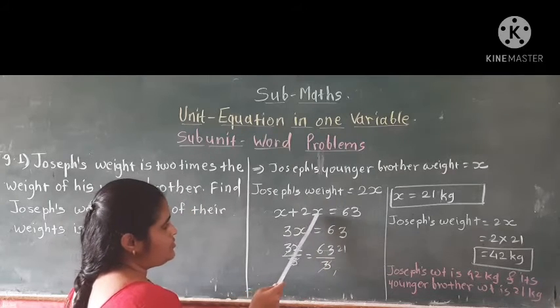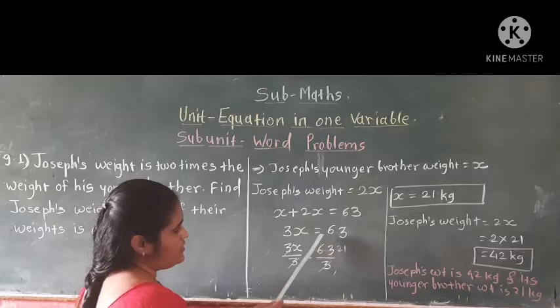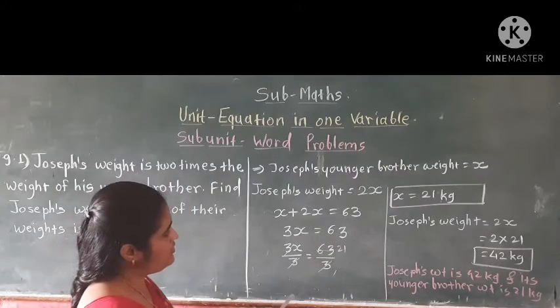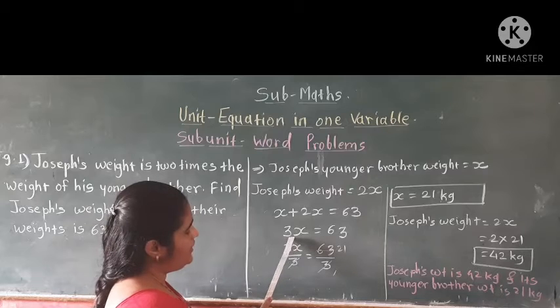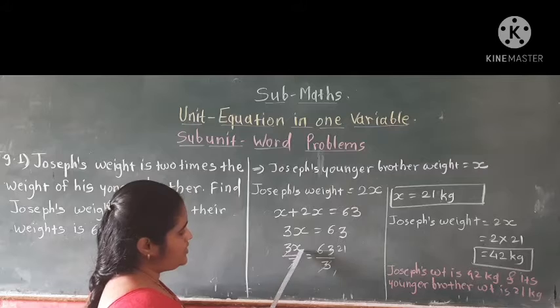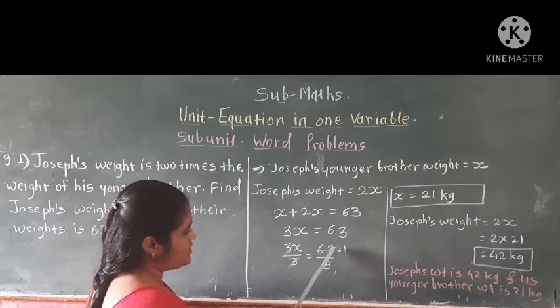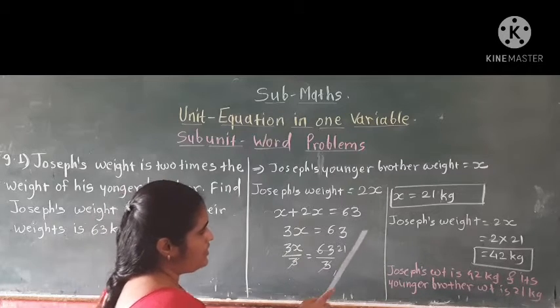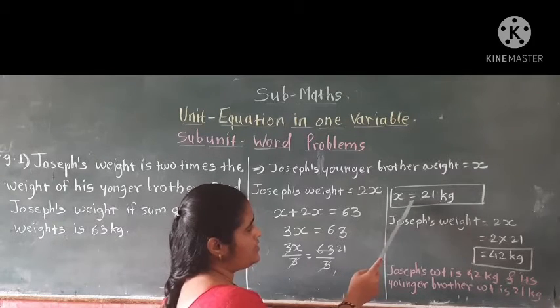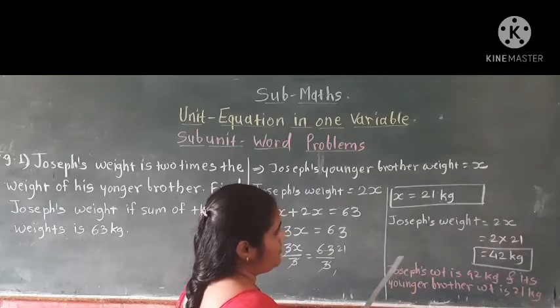Then x plus 2x is 3x is equal to 63. According to the rule of equations, we divide both sides by 3. 3x divided by 3 is equal to 63 divided by 3. Finally we get x is equal to 21 kilogram.